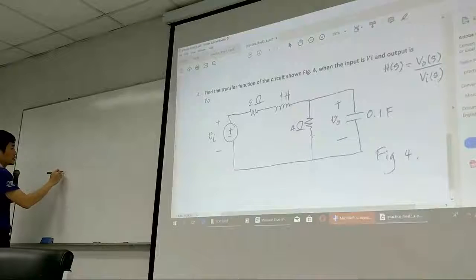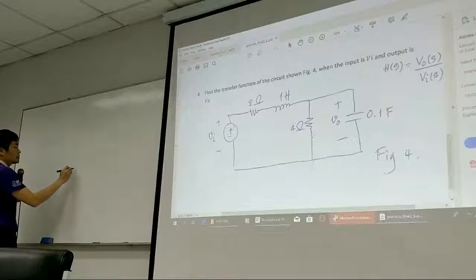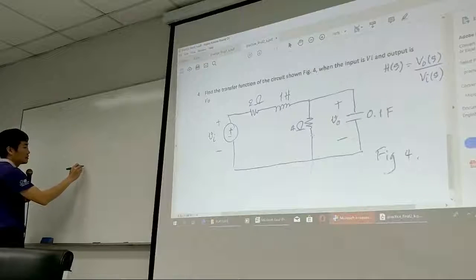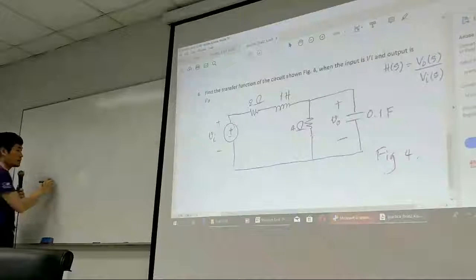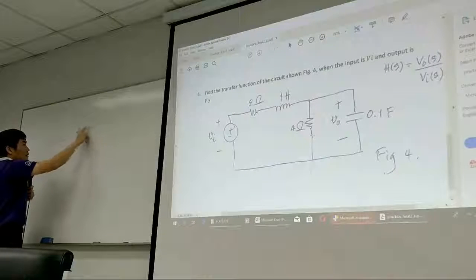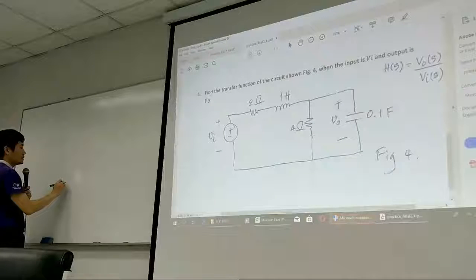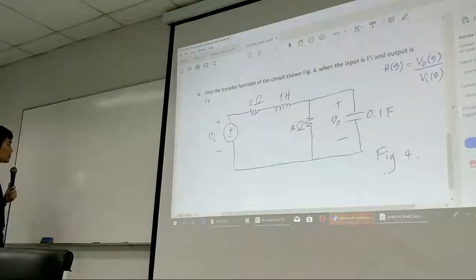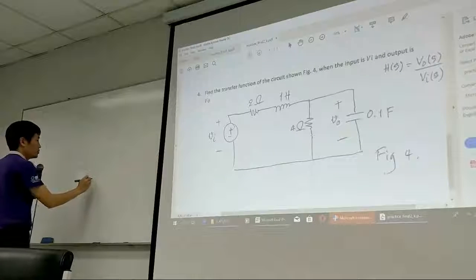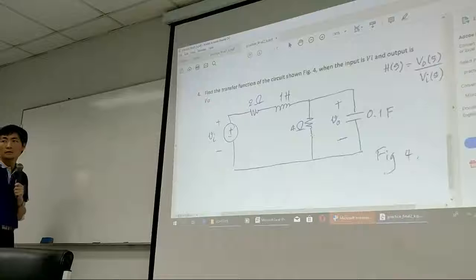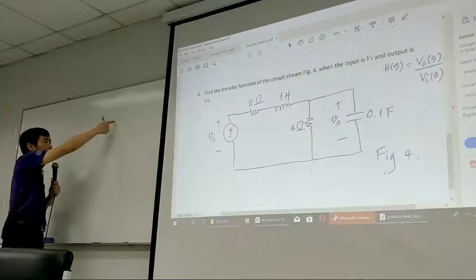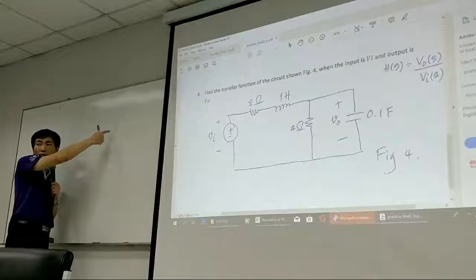VI(s) minus V0(s) divided by the two in series, so you can say S plus 2, equal to this current.